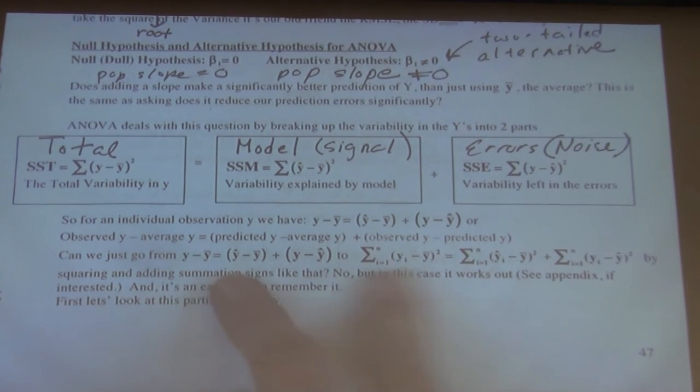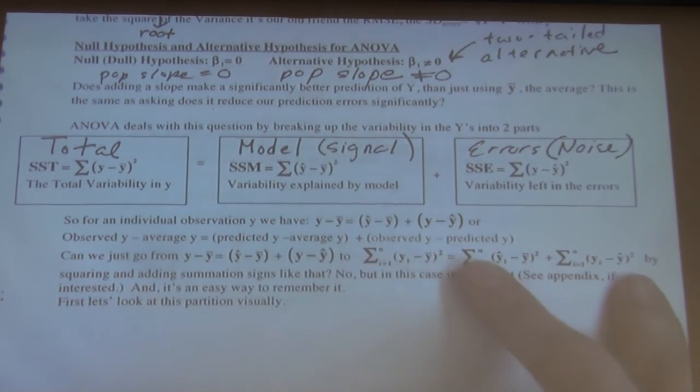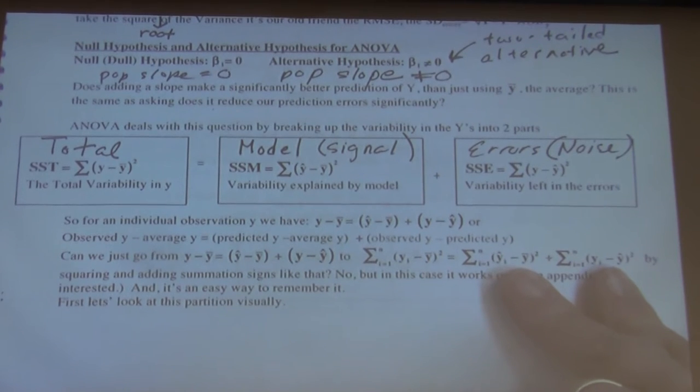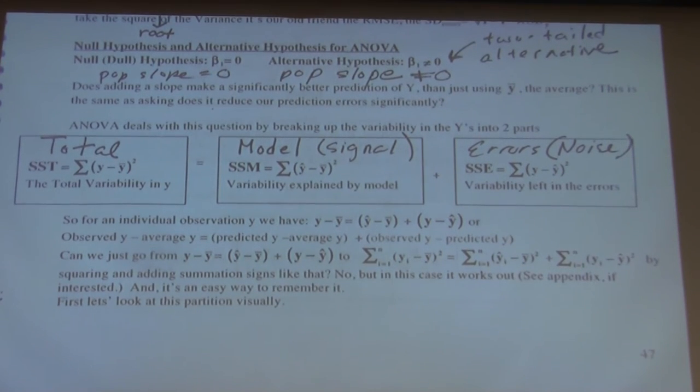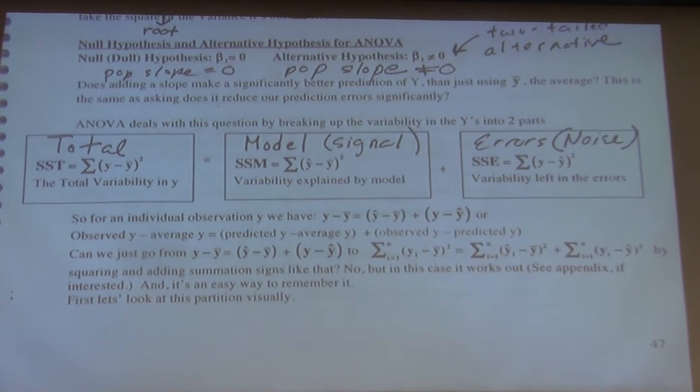In other words, it's only true when our errors are at right angles to our prediction line, and that is the shortest distance. That's how you minimize the sums of squares, and that's the proof I also have in the appendix. It's because of the way we do our least squares estimates to minimize our errors, by dropping a vector that's orthogonal, at right angles, that this is true. So that's why we can do that.